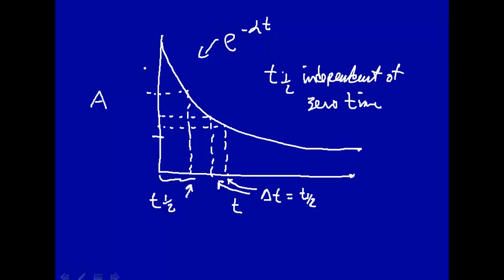In other words, anywhere on this exponential, you could start and then see how long it takes to go halfway to the equilibrium value. That half time would be the same if you started at time equals 0, or this time, or this time, or this time. So the half time is independent of 0 time for an exponential.